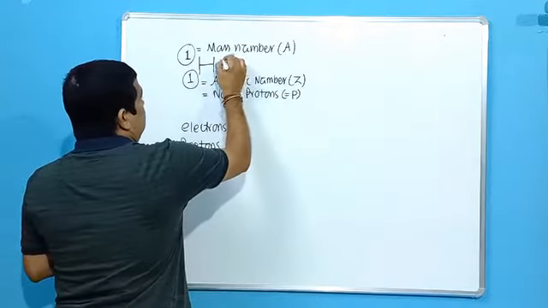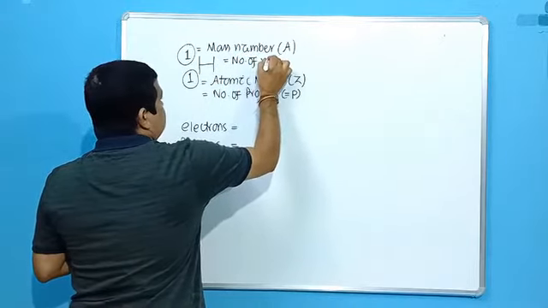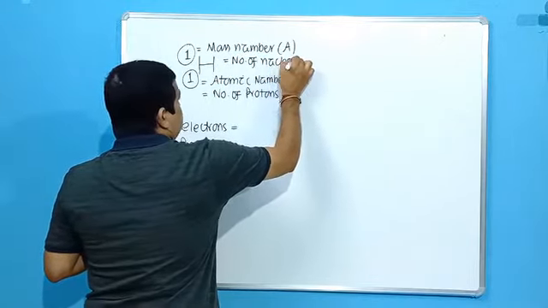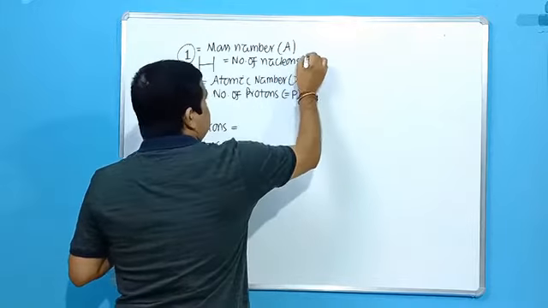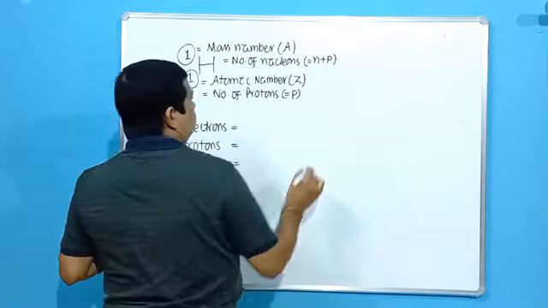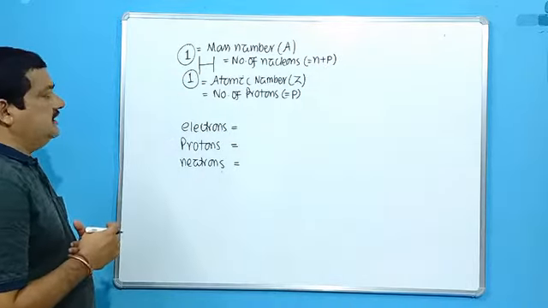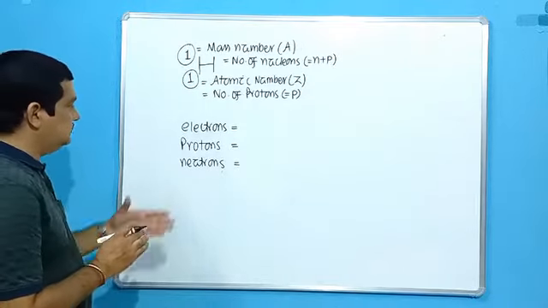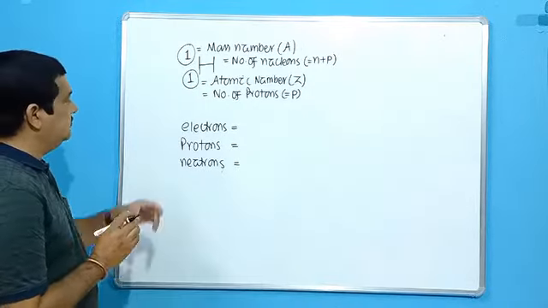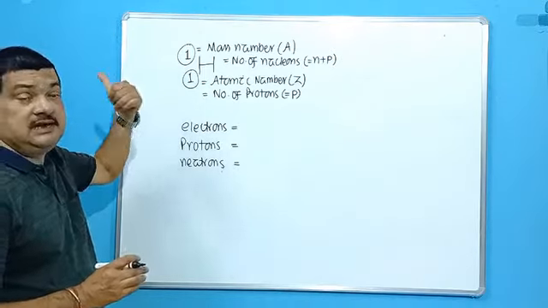Then what is mass number? That is the number of nucleons. That means the subatomic particles residing within the nucleus, that means neutrons plus protons. Okay. So if you remember the definition of these two, you can easily find out the number of electrons, protons and neutrons once you are given the atomic number and mass number of any element.